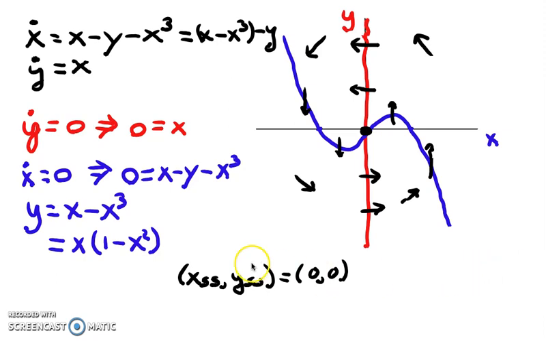Now, it's probably a good idea to check that if we plug in 0 for x and 0 for y into the original equation, we get that the rate of change of x and y are both 0, and that's pretty obvious because 0 minus 0 minus 0 is 0, and if x is 0, the rate of change of y is also 0, so that is indeed the steady state.